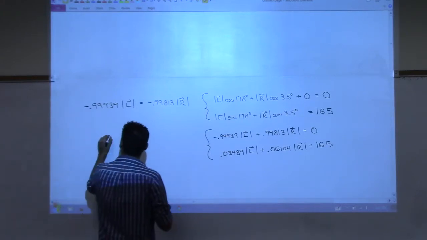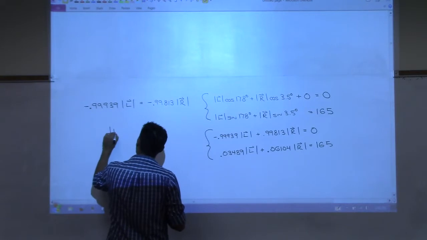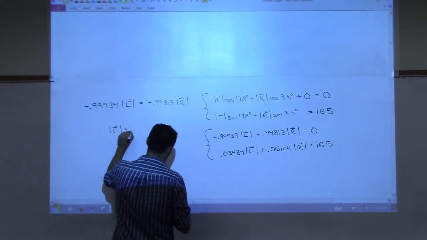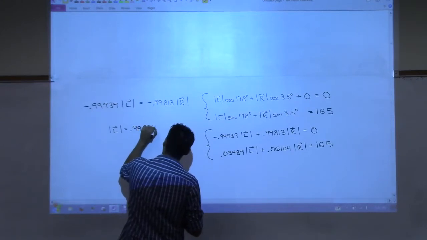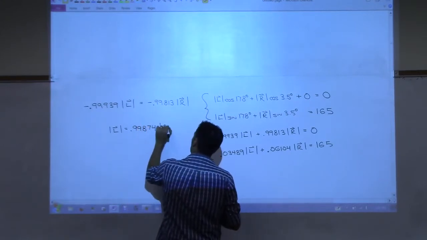So magnitude of L equals 0.99874 magnitude of R.